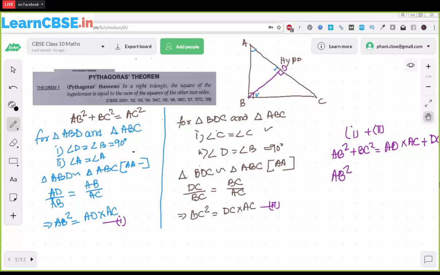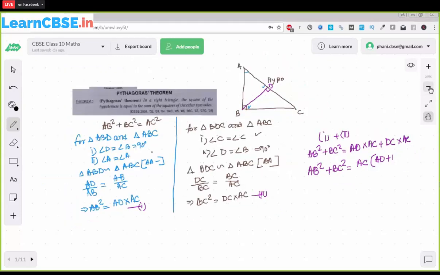So AB square plus BC square equals, you take AC common, AC into AD plus DC, which is AC into AC. That gives you AC square, because when you add AD with CD, it gives you the entire AC. So thus the theorem is proved.